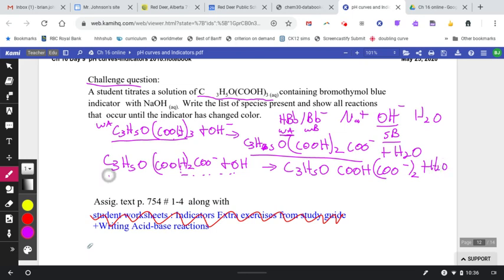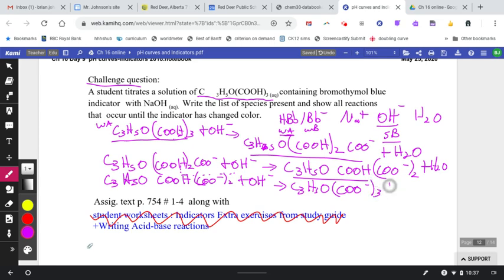Right now you guys are ready to puke, aren't you? Last weakest acid, C3H5O, COOH, COO minus 2, plus hydroxide gives us C3H5O, COO minus 3, and water.